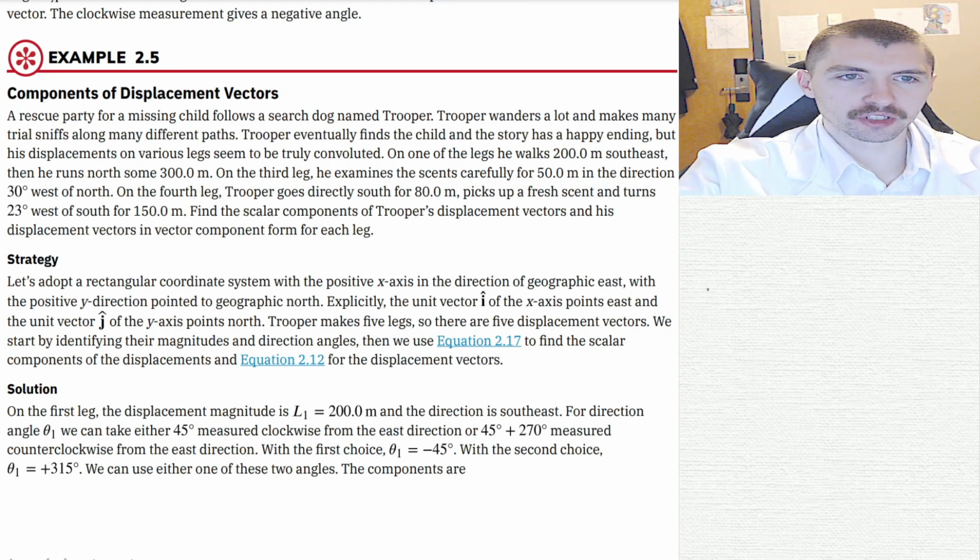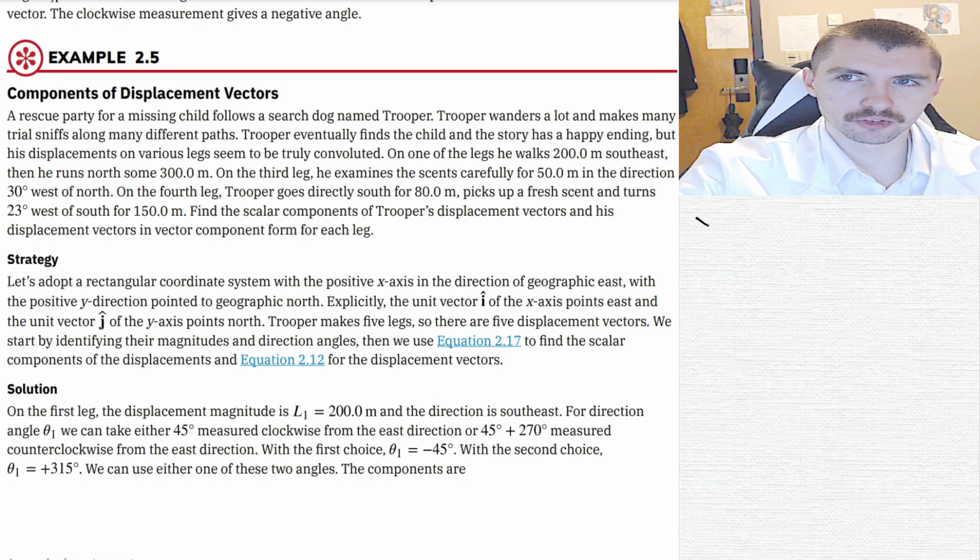Rescue party, missing child, looking for dog. Trooper finds a child. Okay, so southeast. We want a unit vector for southeast.